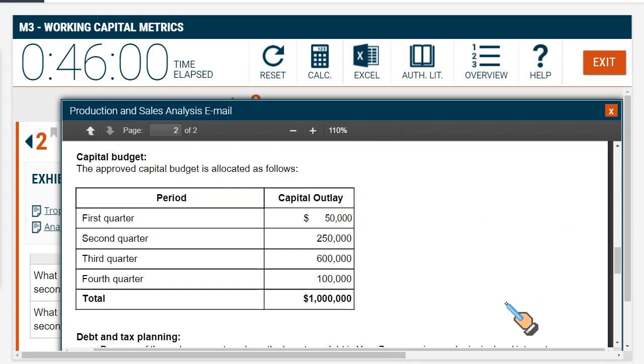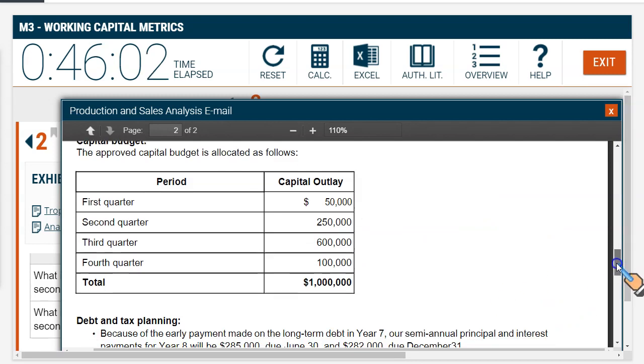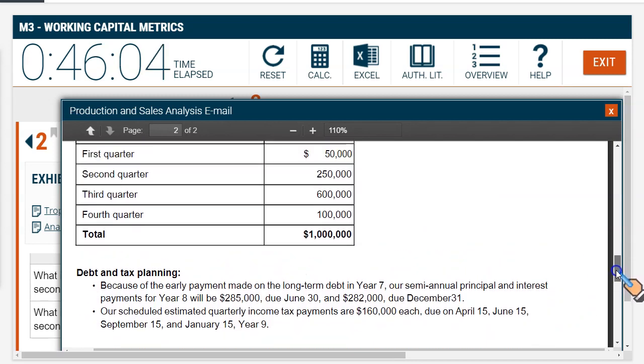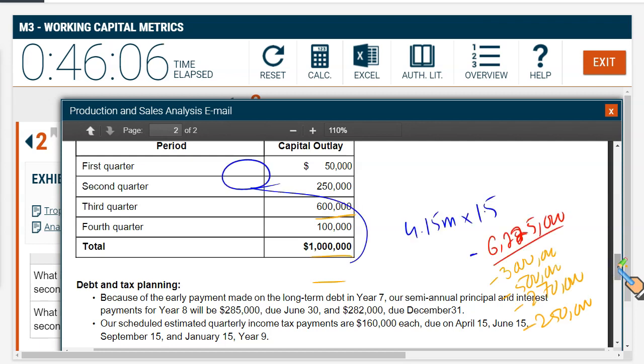Then we have something more at the bottom. Lots of payments. Yes. We have this 285 we discussed a little while ago. And then 2 payments of tax, 160 each. I'm going to put it at the top. 160, 160. So all these are payments: taxes, payment for material, payroll.